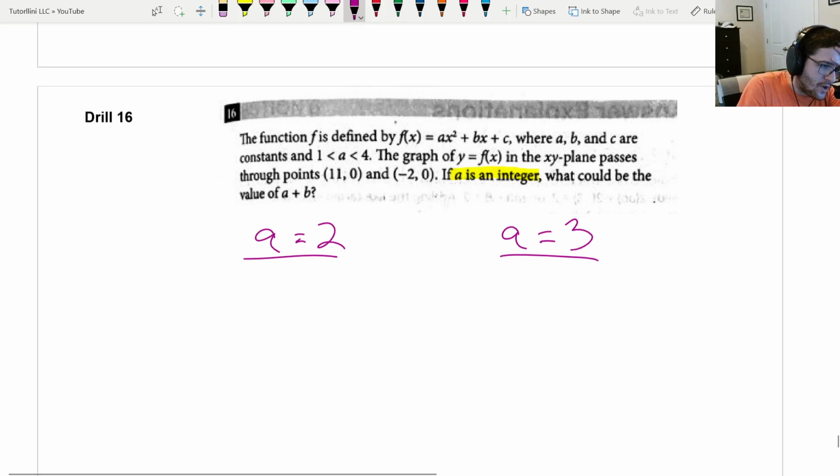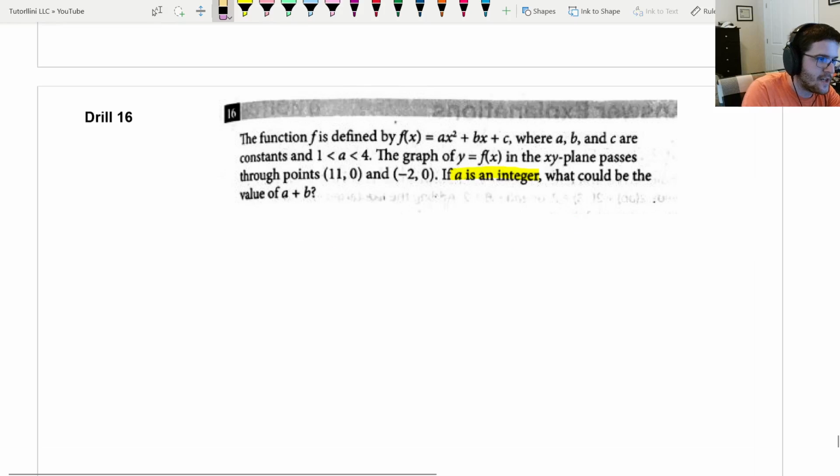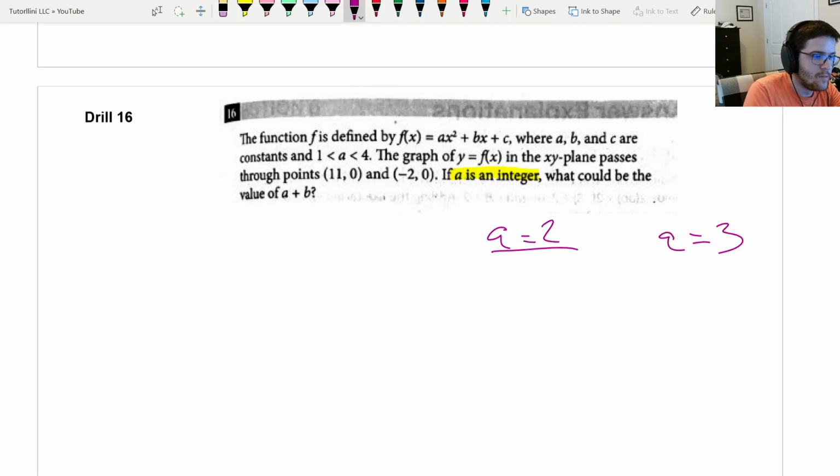Okay, so now it also tells me that 11, 0, and negative 2, 0. Okay, so let's put this off to the side because I don't think I'm going to need that much space. Remember I was talking about this before, guys, with the x-intercepts? You can find the vertex quite easily by adding them up.